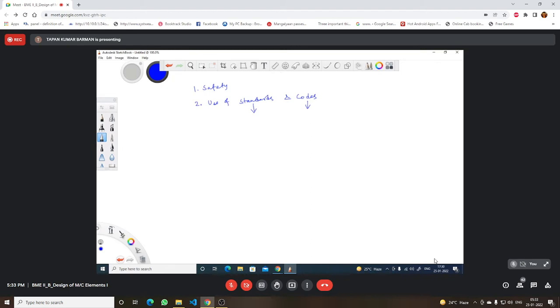So these are the issues we try to address when we follow any code. So as per the ASME code, already you know how to calculate the factor of safety in the design. So as per, say, the ASME code, briefly I am telling here, the ASME code for shaft design.